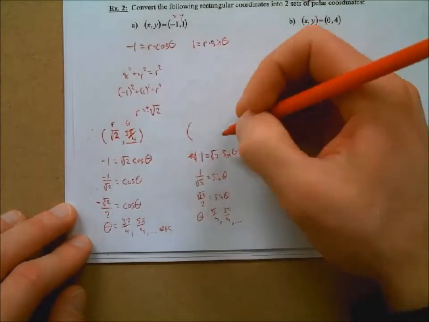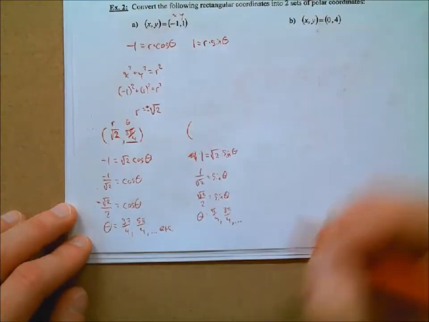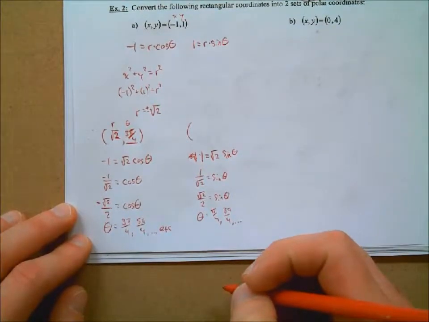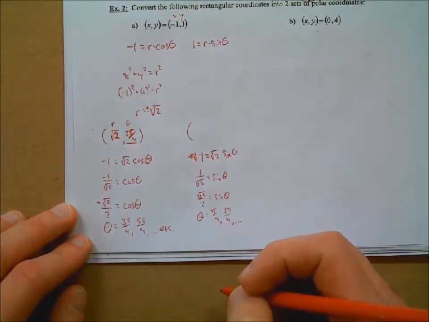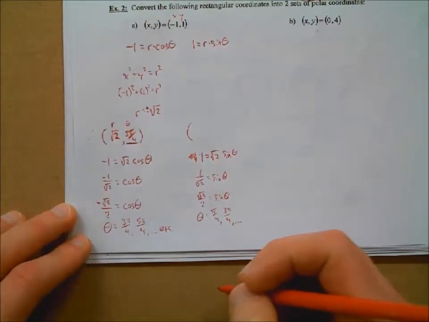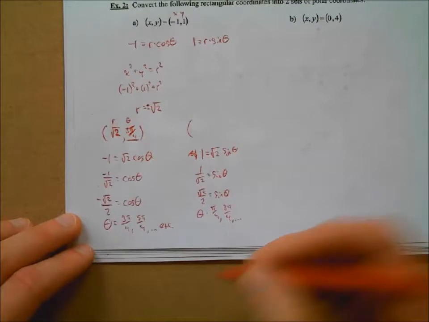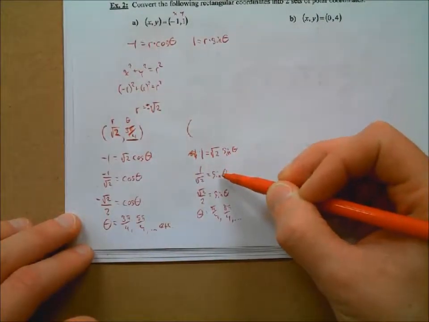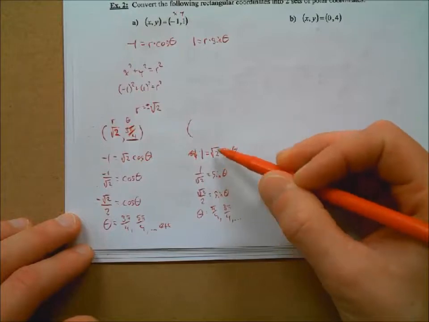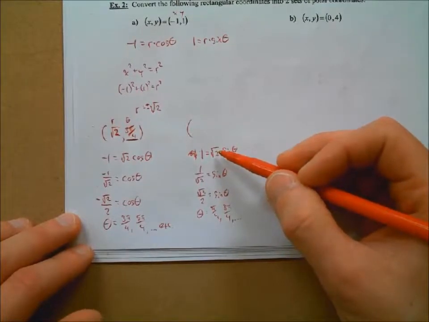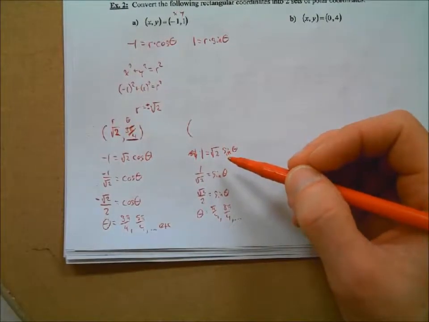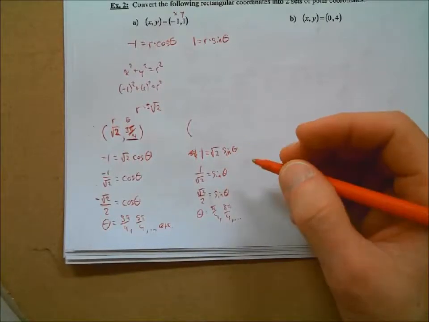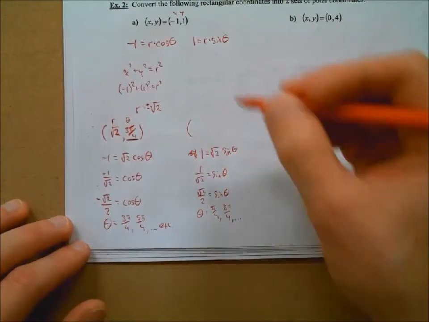So then I'll say, whoops, I made a mistake here. Did I do a, oh no, okay. I feel like I messed something up here. No, r is root 2, so we did that. Oh, I really meant to make, okay, well, I was trying to show you could use negative root 2 there.